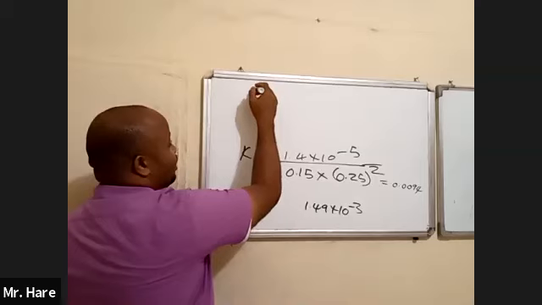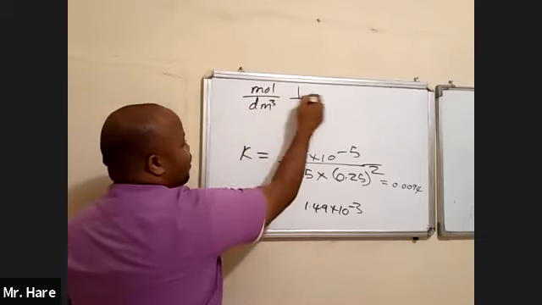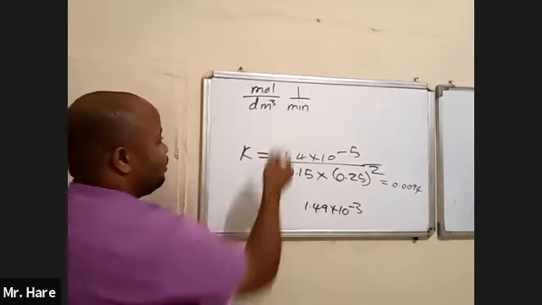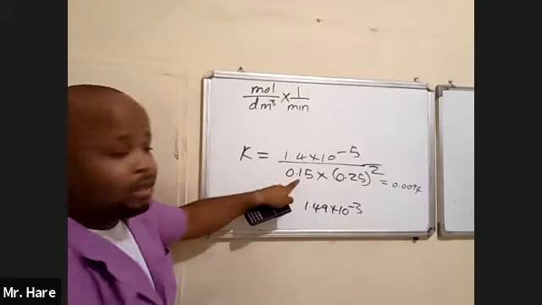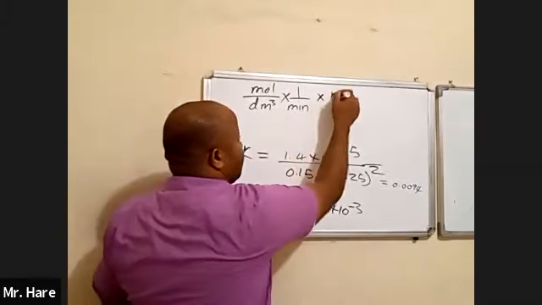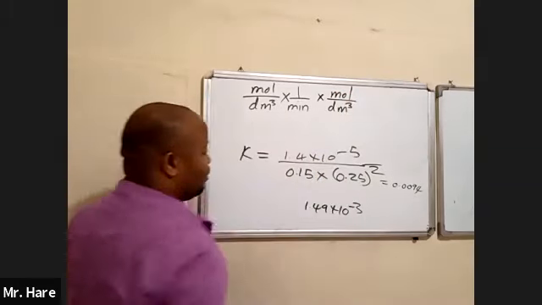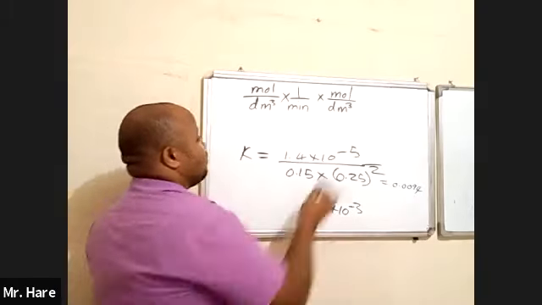So at the top, we have the rate, right? And the rate is moles per dm³ per minute. That is what was given in this question. Down here, this is concentration in moles per dm³. I'm working it the long way in case anybody does not understand. All right, now let me erase this.